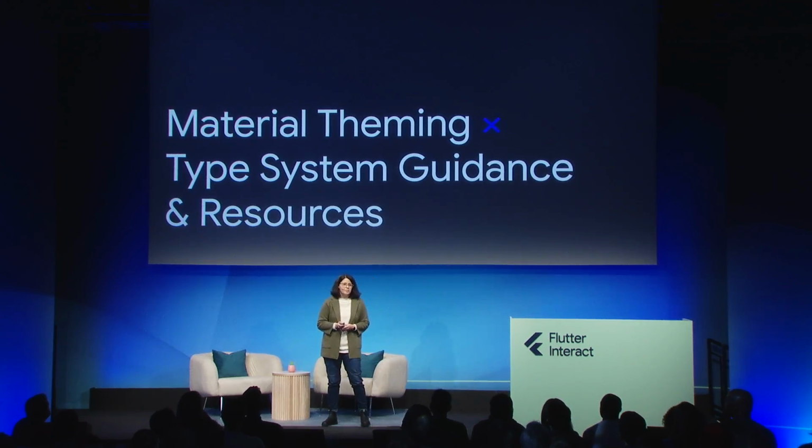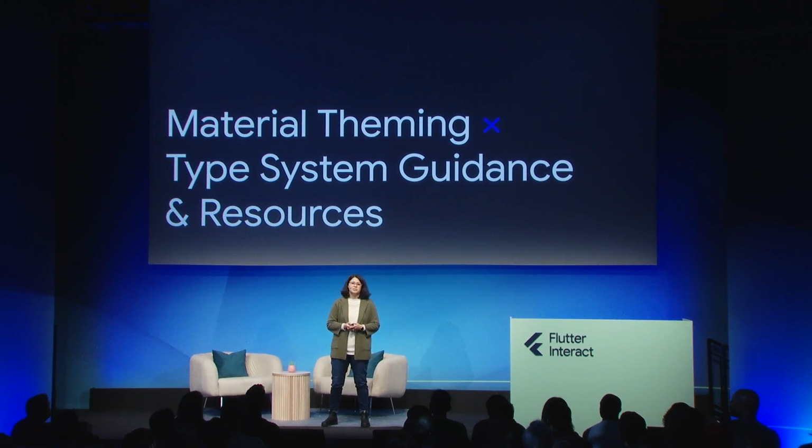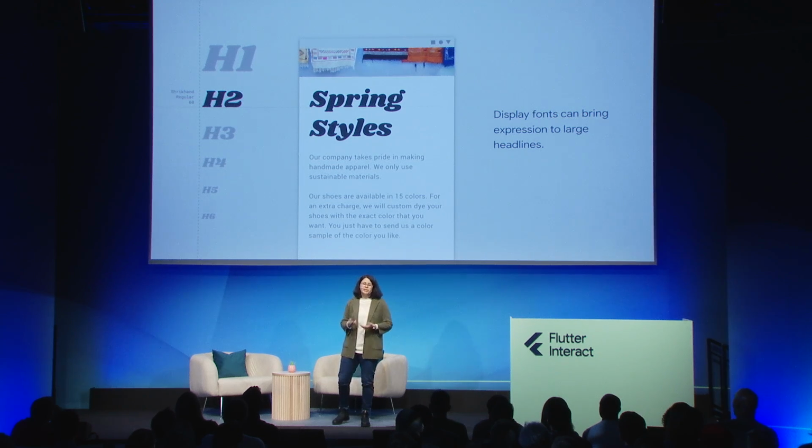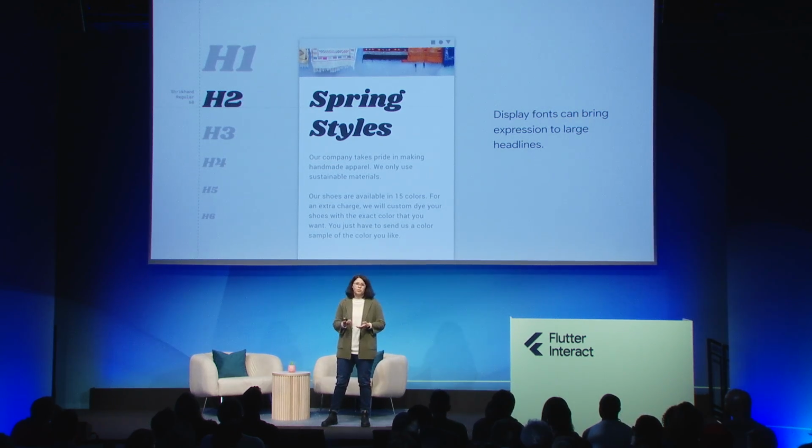And with material theming, we wanted to provide additional guidance and resources to help everyone customize. We provided some guidance: display fonts can be used to express your brand within large headlines. And it's really good to use this within large headlines so you can still make things readable, but add some style to it.